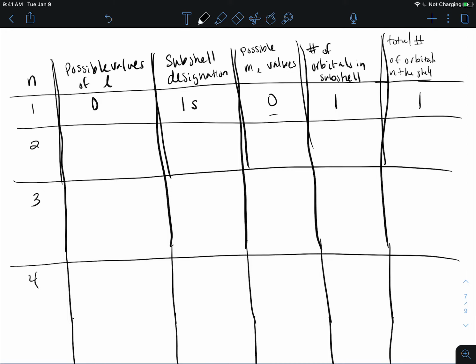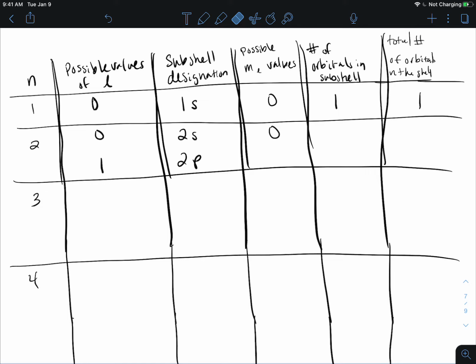If we're talking about n equals 2, our L values are between 0 and n minus 1. n minus 1 is 1, so we get 0 and 1. If L is 0, our subshell is s, so we have a 2s. If our L is 1, our subshell is p, so we get 2p. With 2s, our possible m sub L value is just 0.